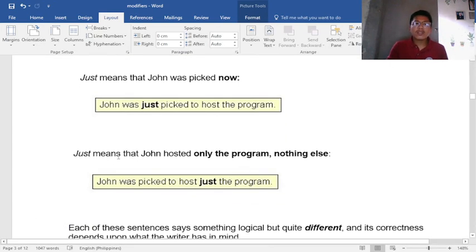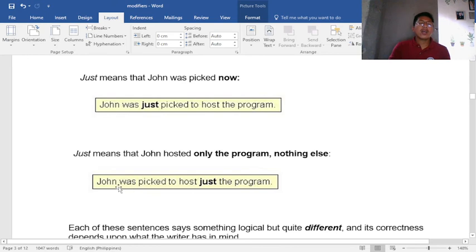Next, just means that John hosted only the program, nothing else. Again, we're still going to use the just here in the same statement, but it stands in another function. John was picked to host just the program.